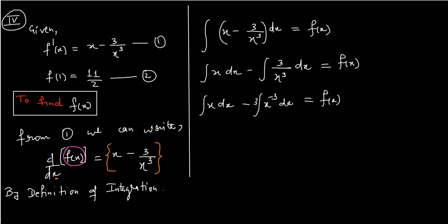Because when you are integrating, you should be integrating all the integrals at once. And if you are not integrating all the integrals at once, then you will have to add different constants of integration. Like in the previous one, what happened?